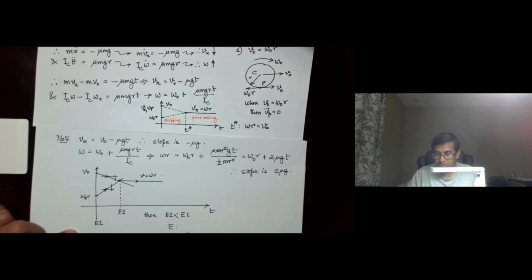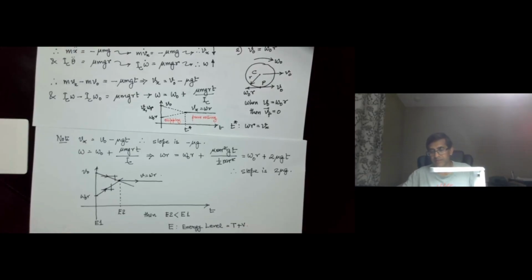E refers to energy level, which is equal to T plus V, the kinetic energy plus the potential energy. Okay, so the mechanical energy at E2 must be less than the mechanical energy at E1, and let us try to prove it.